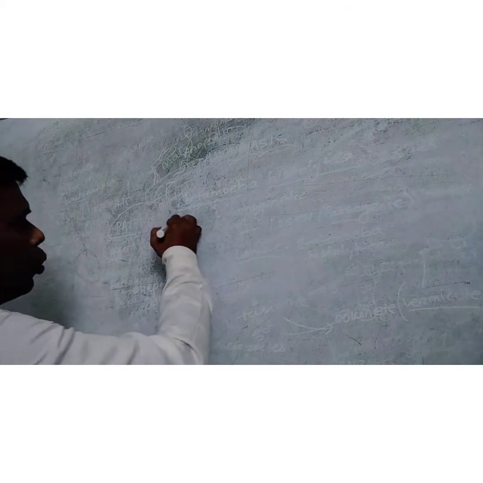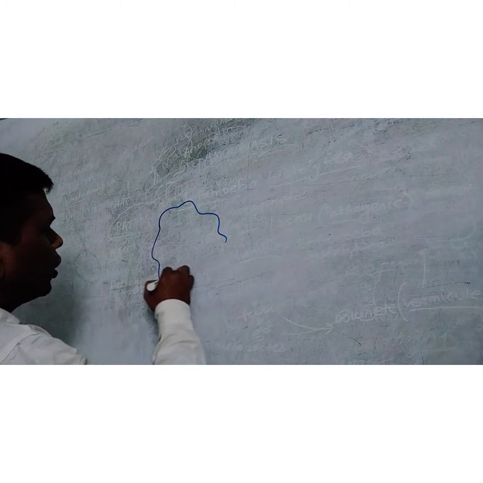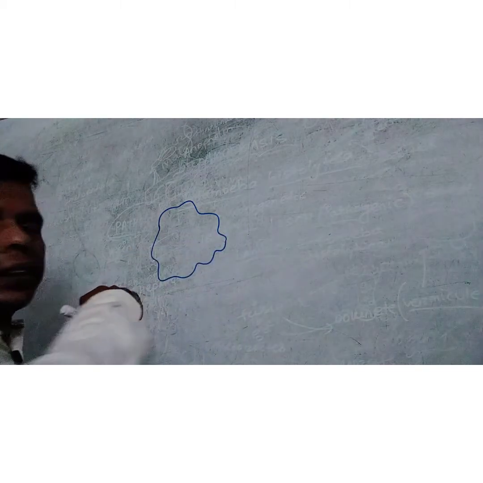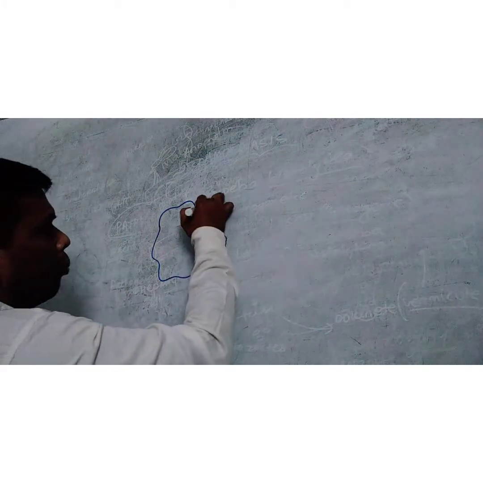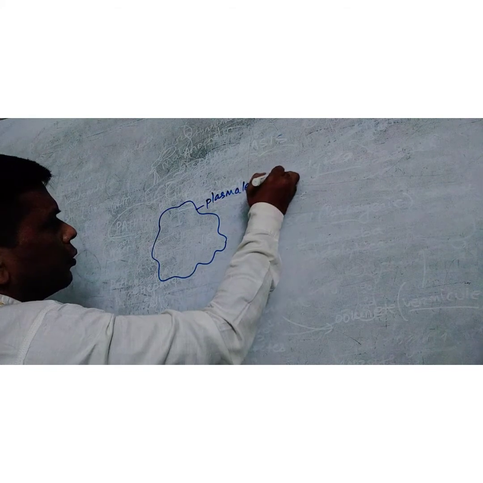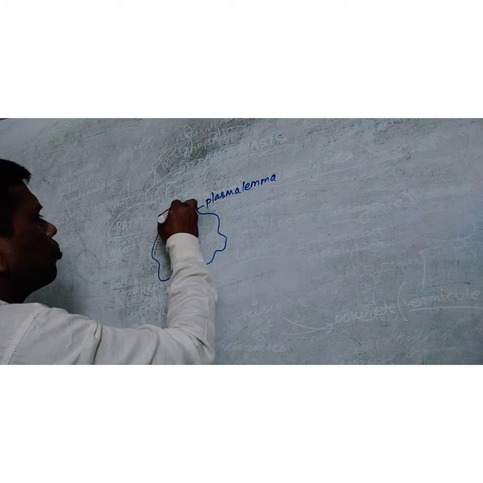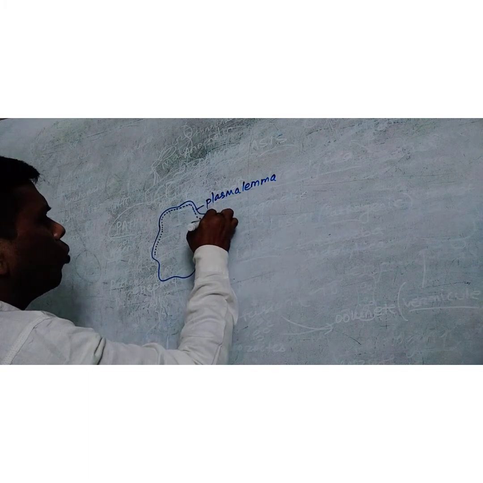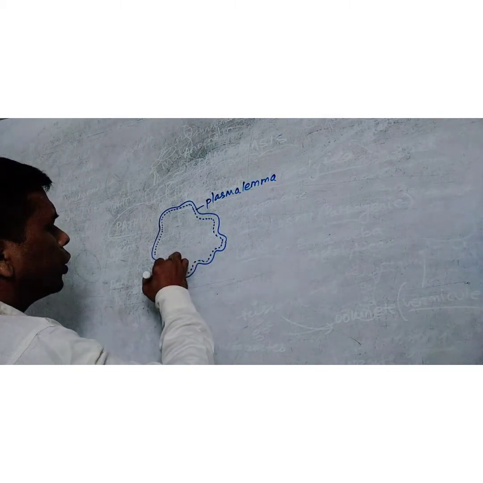When the feeding stage or trophozoite stage is taken, the Entamoeba shows irregularities in its outer covering. The outer covering is called the plasmalemma. Below the plasmalemma, there is a small agranular layer called the ectoplasm.